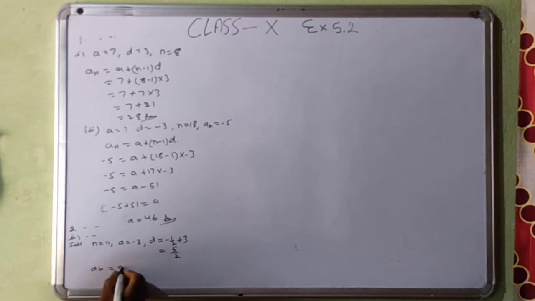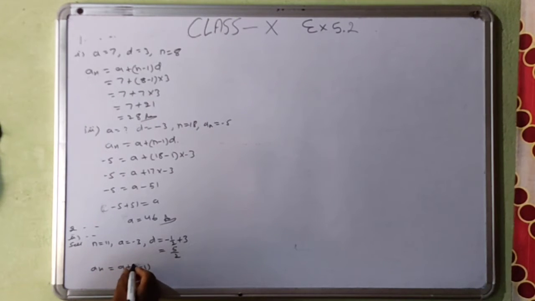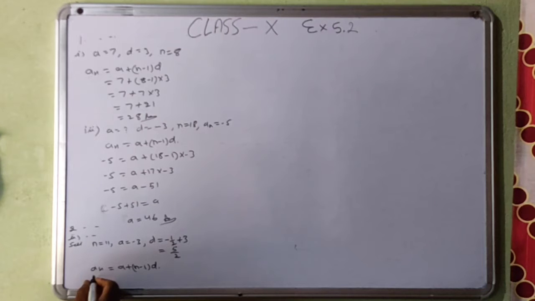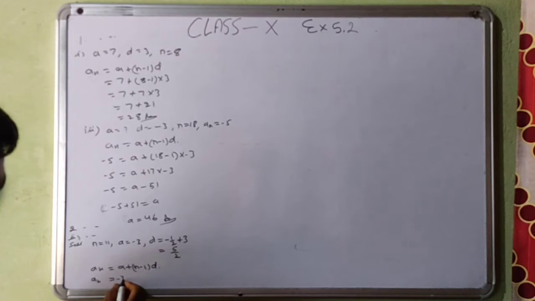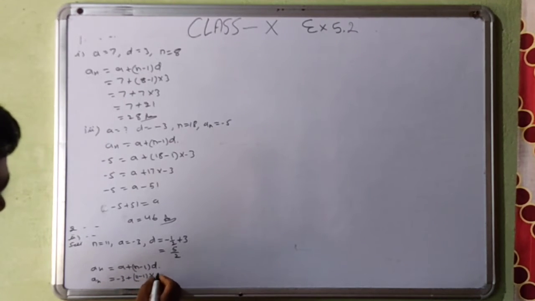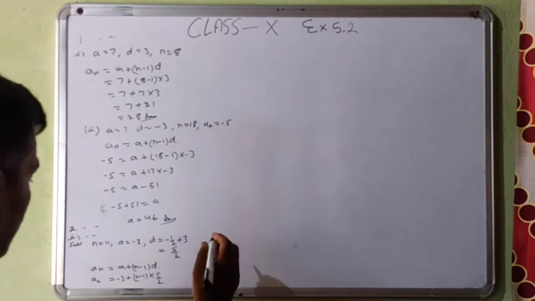And then we will apply the formula. An is equal to a plus (n minus 1) d. So an we are finding here. So minus 3 plus (11 minus 1) into 5 upon 2.